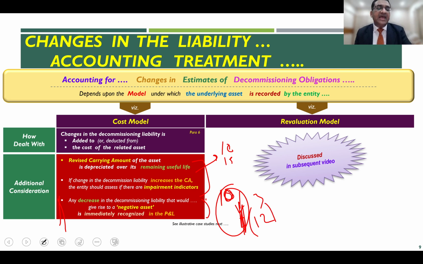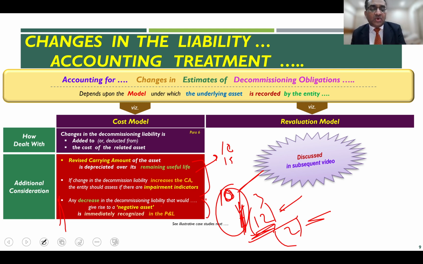For simplicity, let's assume that. If you reduce 12 from 10, the asset will become negative 2. That you can't do. A decrease in the decommissioning liability that would give rise to a negative asset of 2, you can't do that. That 2 gets recognized immediately in P&L.